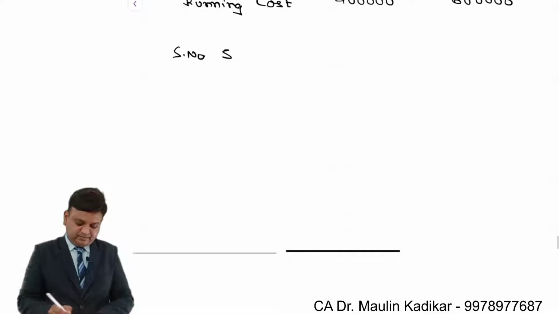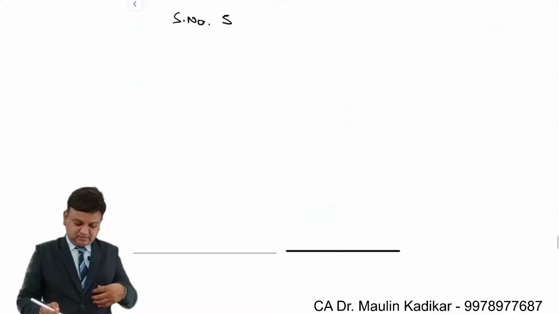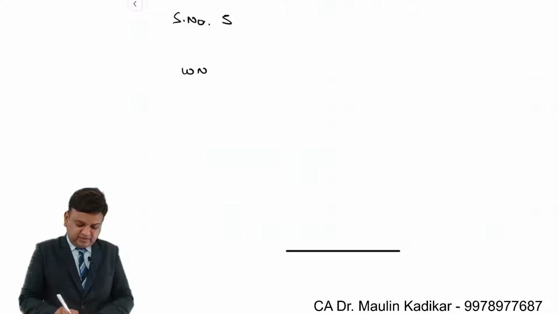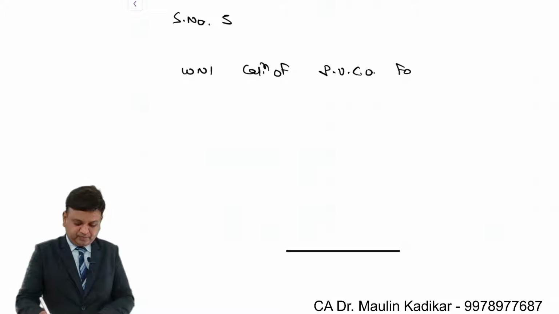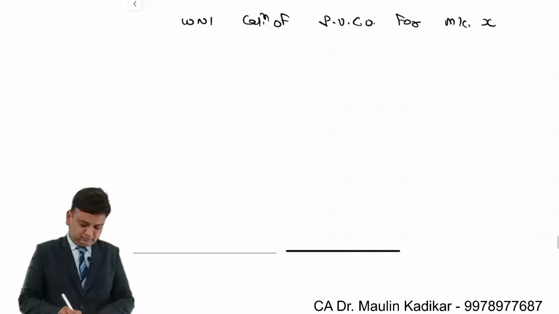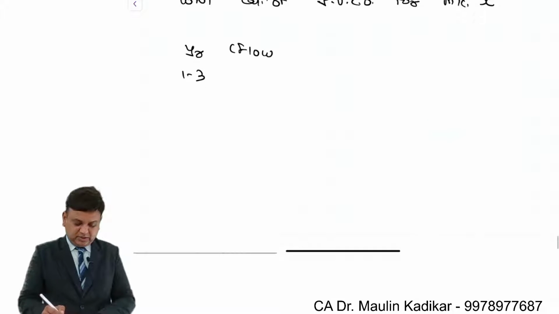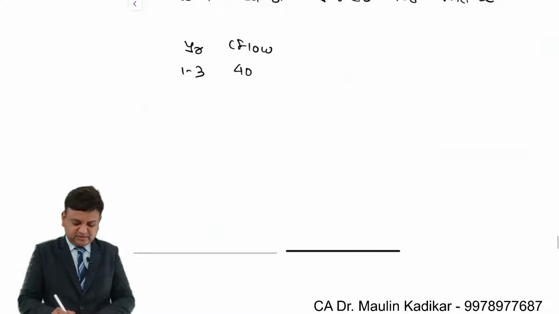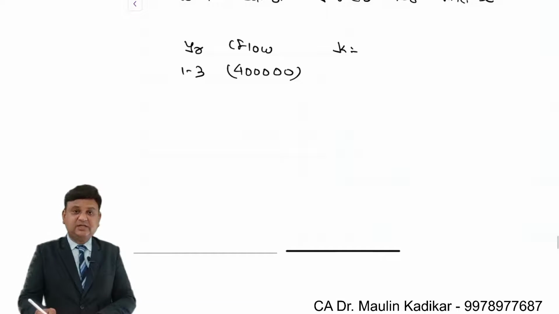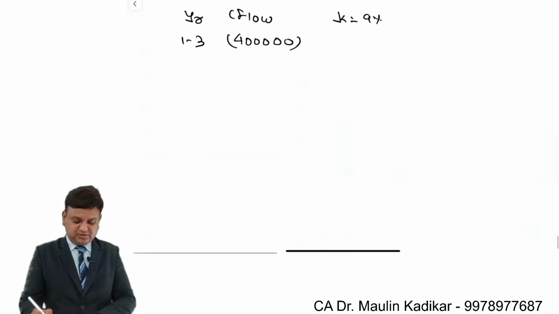Step number 5, working note number 1, calculation of present value cash outflow for machinery X. So year 1 to year 3 cash outflow is 4 lakhs. Discounting rate is 9%.